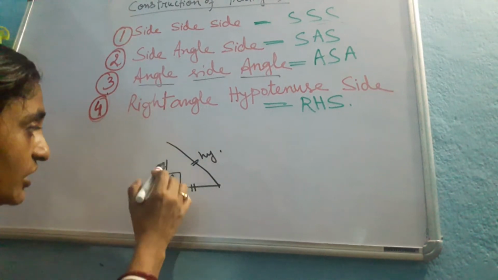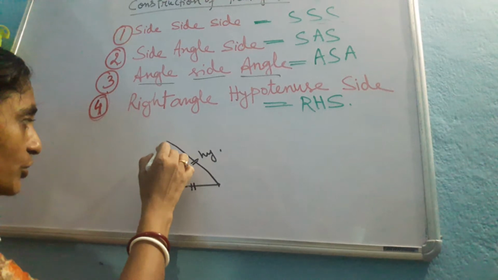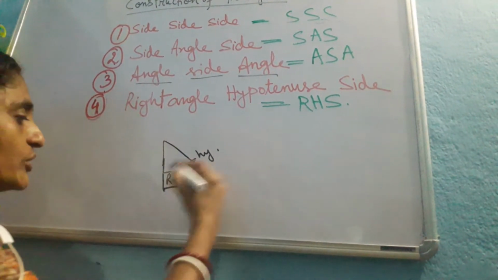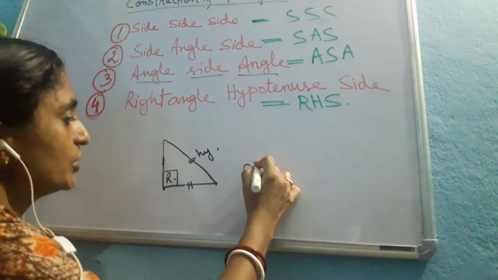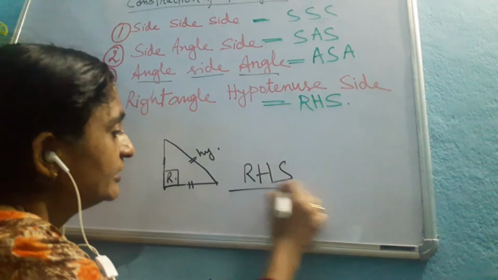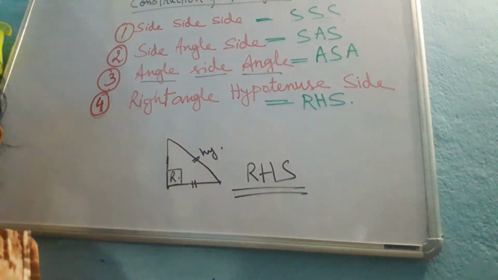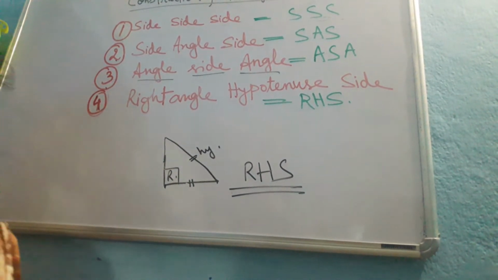What you have to do in extra? Only you will extend this one to touch the end point of the hypotenuse, because that length was given. So you are getting the triangle. So in this case, which criterion you have used? Right angle, hypotenuse, and side. These are the 4 criterion from the congruency we will follow here to get a triangle. Let's come with the first one.